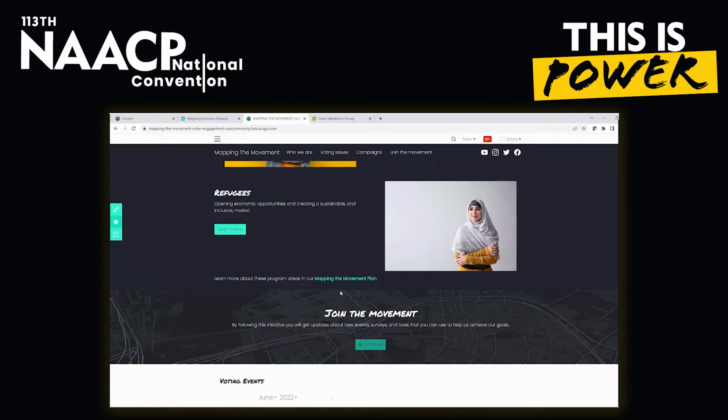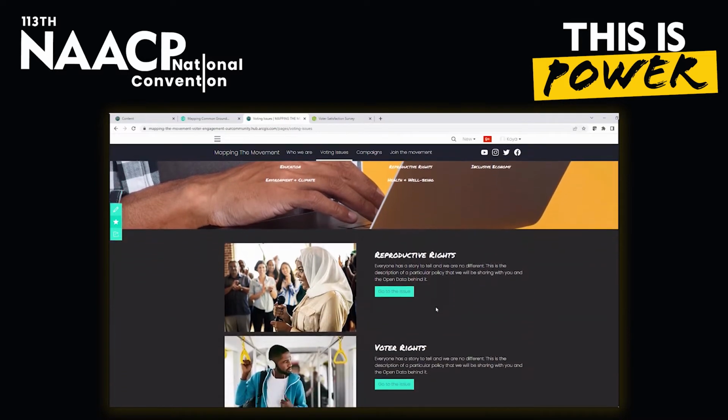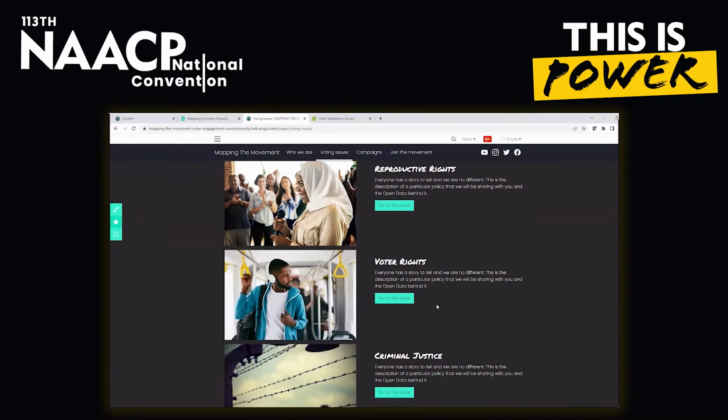We can dedicate pages to educating voters around issues, lifting up topics important to your organization. Maybe it's criminal justice, environment and climate, reproductive rights, or an inclusive economy. We can use this section to help voters find appropriate information around a set of key topics. Let's say your organization has targeted goals around increased participation.